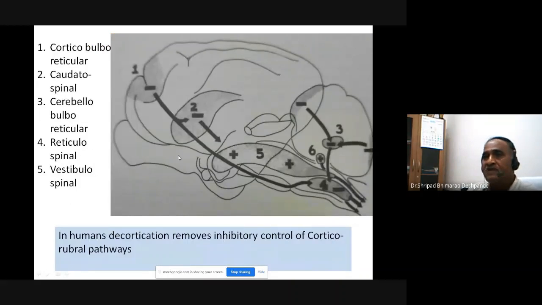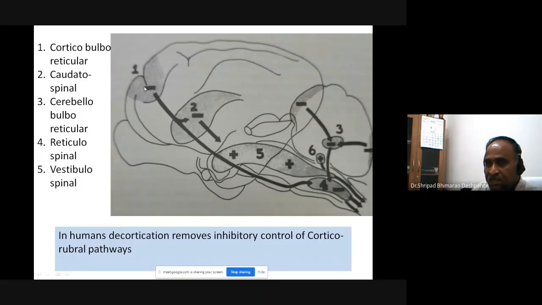Now, what happens? These are the areas. This minus, these are suppressor areas. These two are suppressor areas. The number one is the motor area, that is minus, that suppresses the basal ganglia, that checks the basal ganglia here.